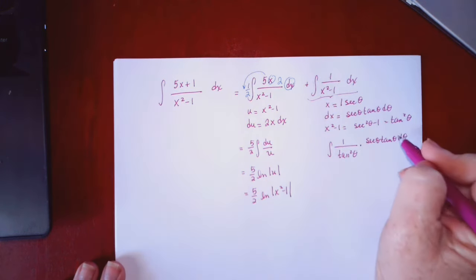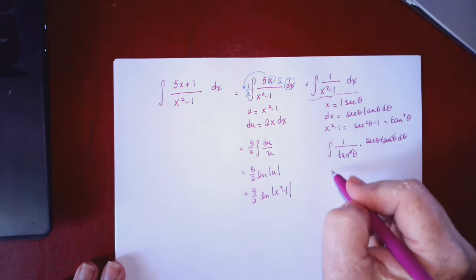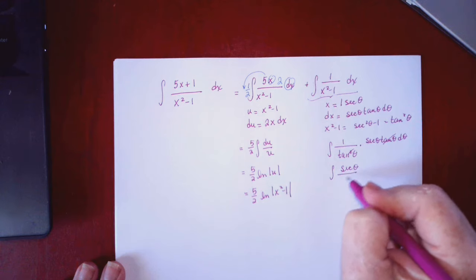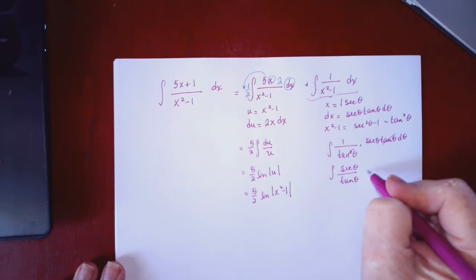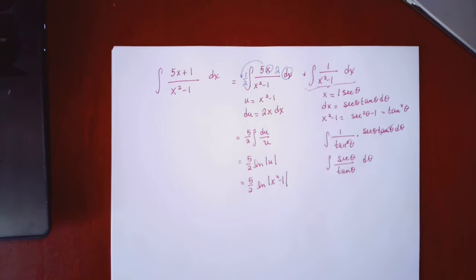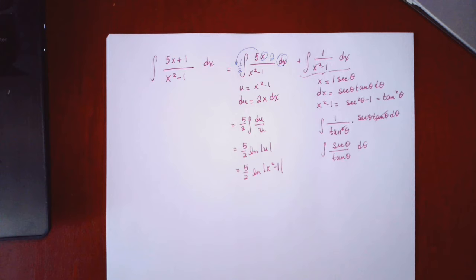So we could cancel this tangent with one of those, and we have the integral of secant theta over tangent theta d theta. And now what do I do? Well, for secants and tangents, what we typically do is we try to pull off a secant tangent and rewrite everything else in terms of secants, or we pull off a secant squared and rewrite everything else in terms of tangent.